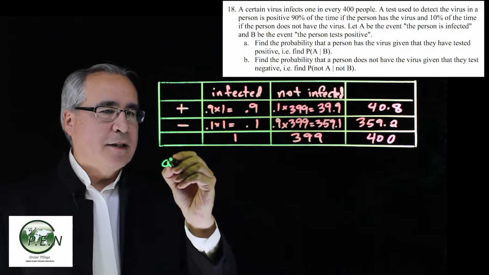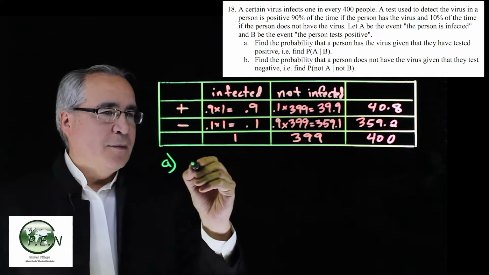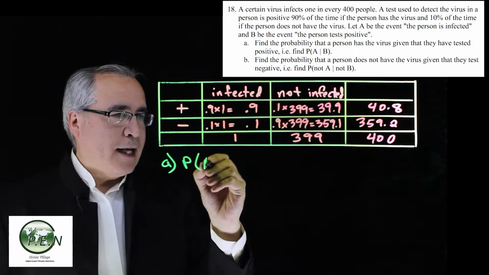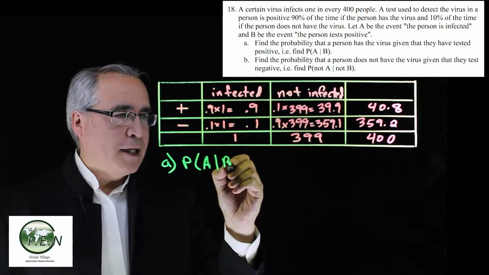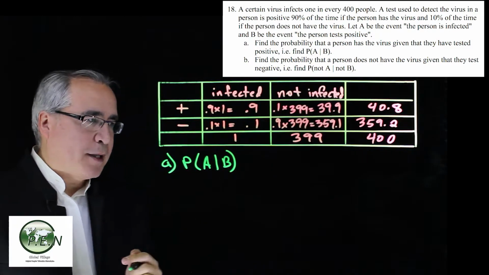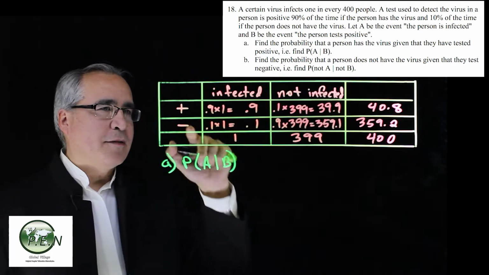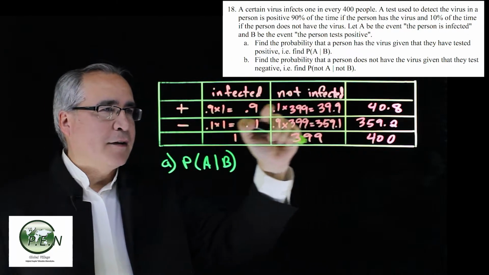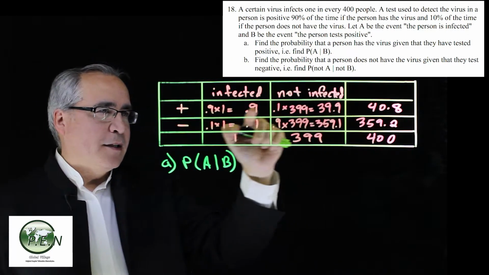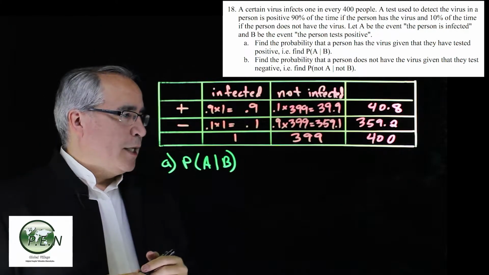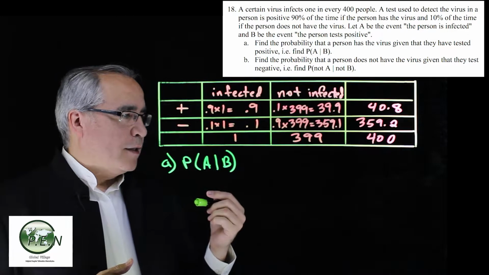The A part simply asks, what's the probability that A happens given B has already happened, or we know that B has happened. B is the event that the person tests positive. So we know we are in this area, this row.